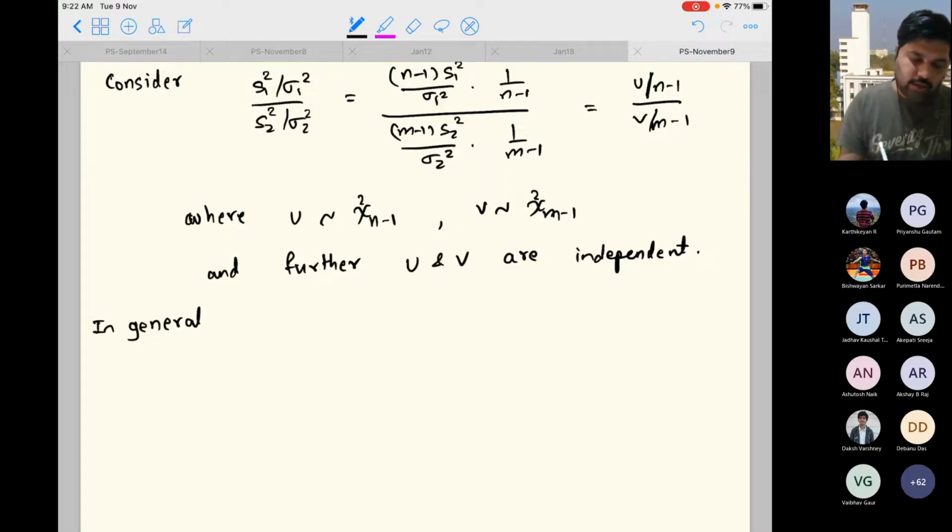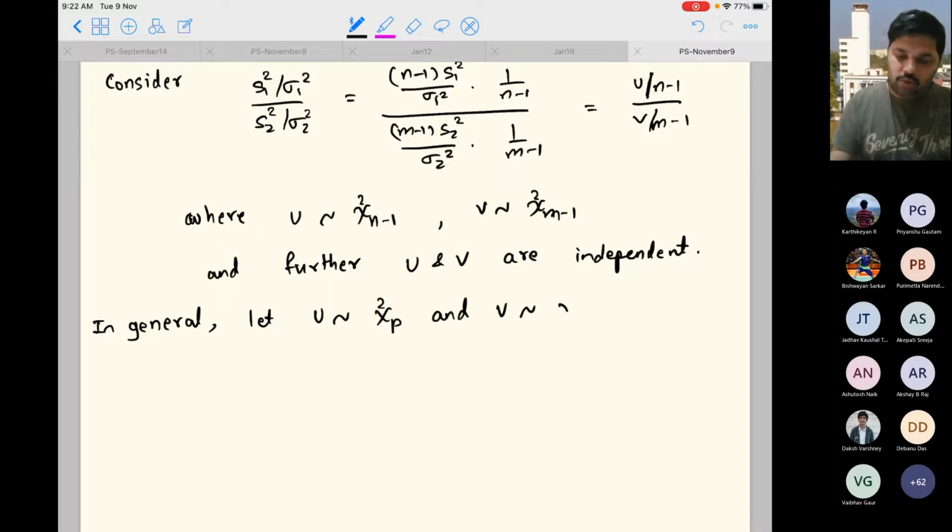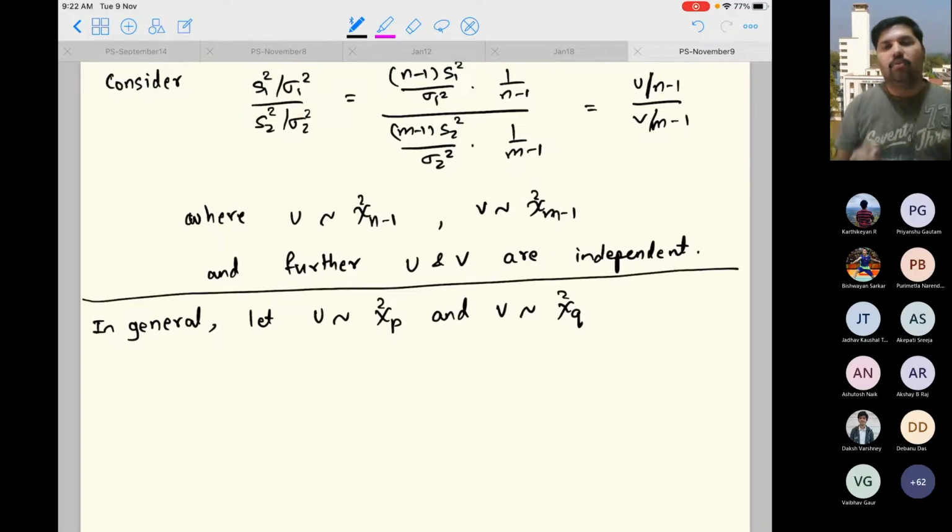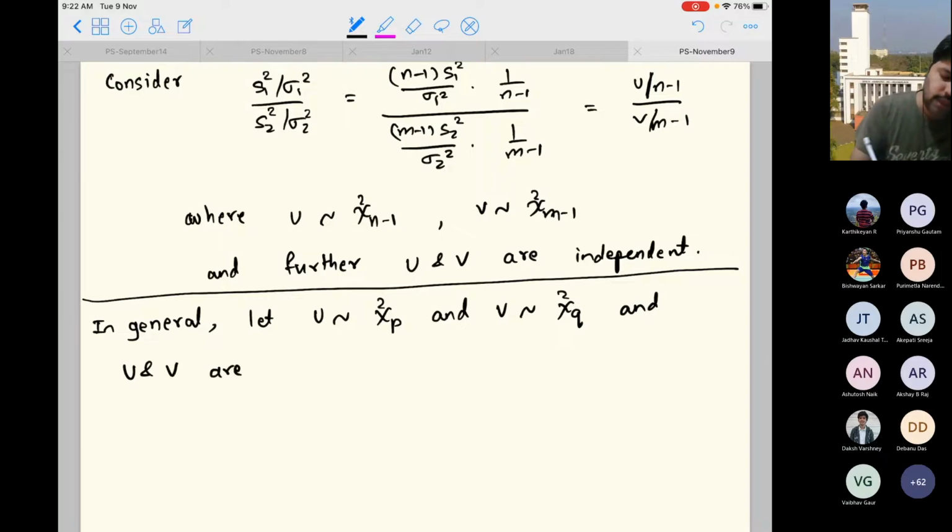In general, let u follow chi-square p and let v follow chi-square q. So what we are trying to do is find the density of this. Let u follow chi-square p and v follow chi-square q, and u and v are independent. Why am I saying u and v are independent?